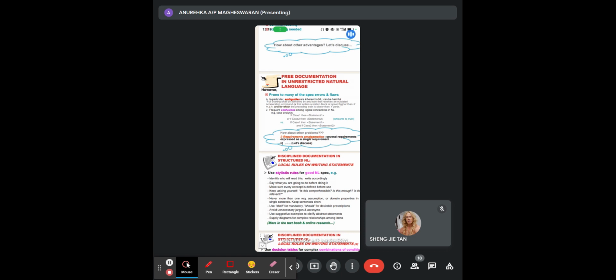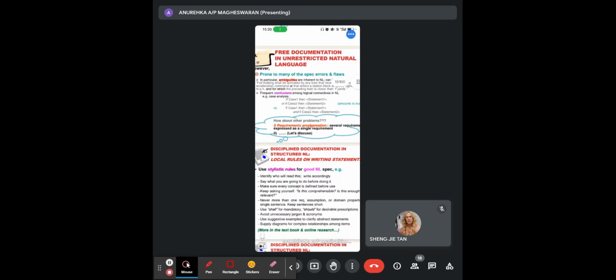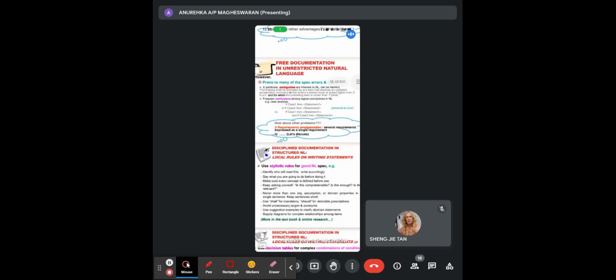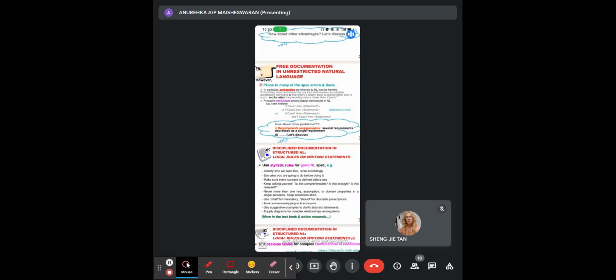And the last main problem is amalgamation. Can you see the word amalgamation over here? What's the meaning of amalgamation? I just told you: more than one requirement written in one statement. Cannot. Every single requirement must be written in one statement each. Remember, every requirement is one independent statement. You cannot combine more than one requirement in one statement. For example, 'the system should allow the user to log in and log out.'